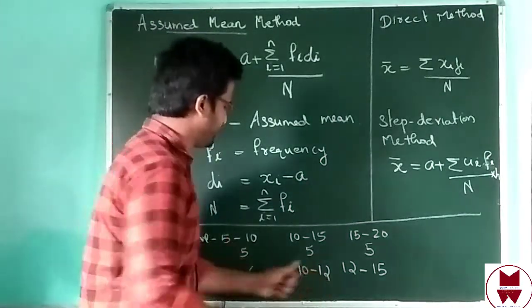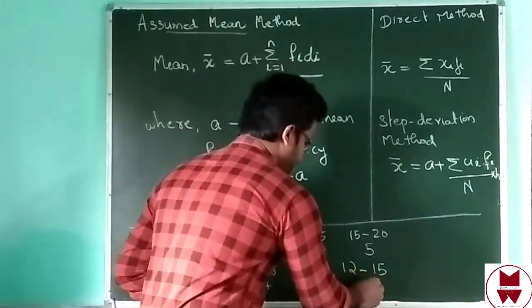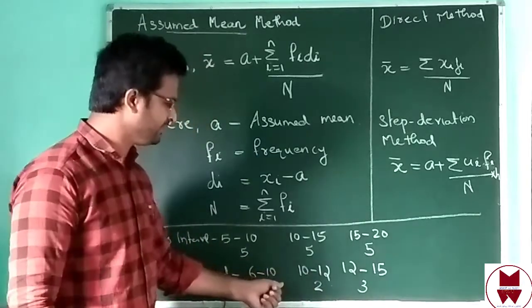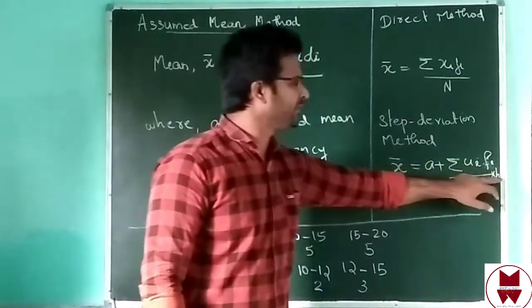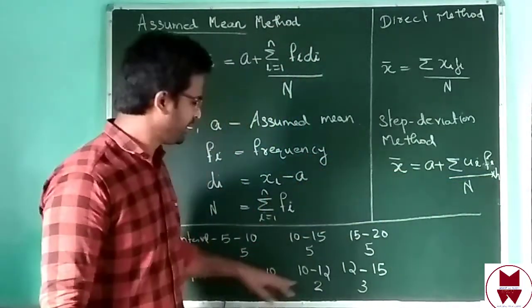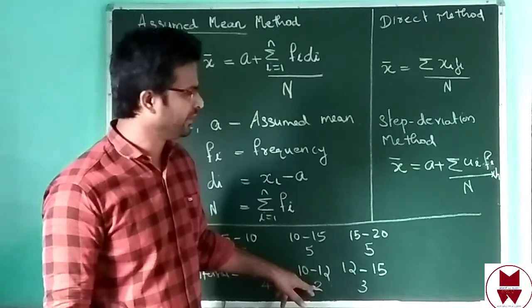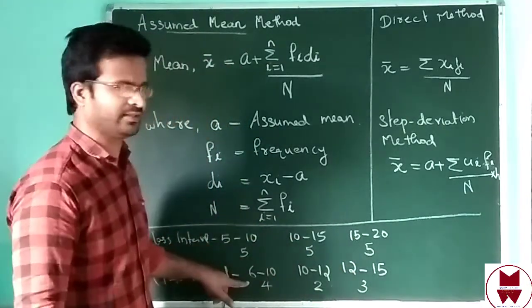Then 12 minus 10, 2. 15 minus 12, 3. In this question the class width is different, isn't it? Then which h will we take? We cannot take 4 because in the second interval class width is 2. That means we cannot take any common class width in this case.